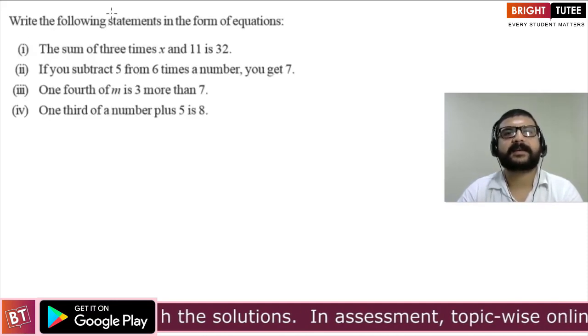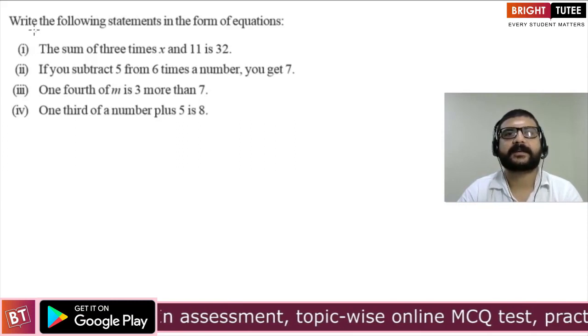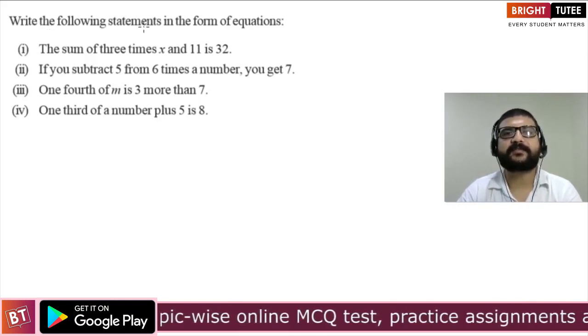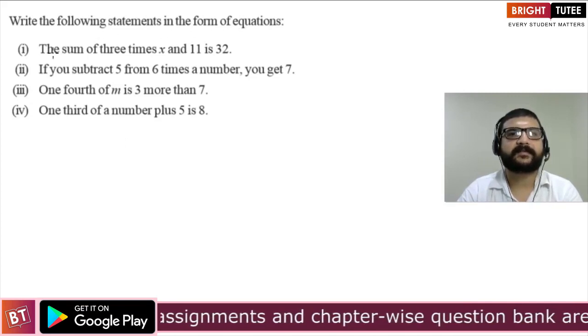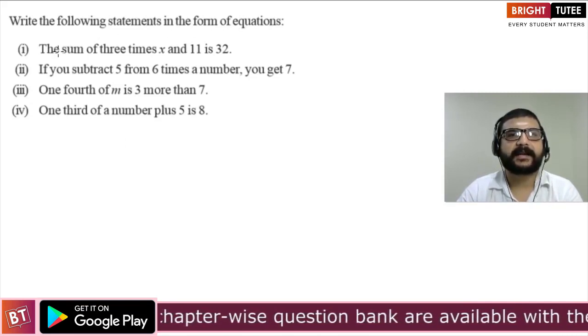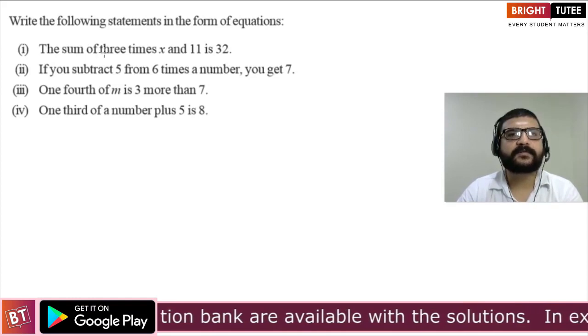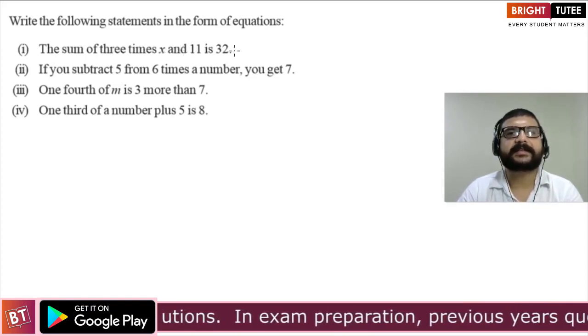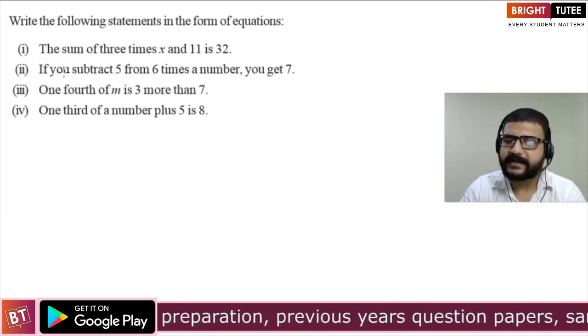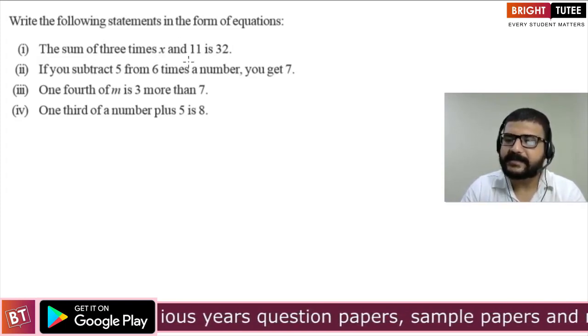For example, let's consider this question. The question here is, write the following statements in the form of equations. The first statement here is, the sum of 3 times x and 11 is 32. So what they are saying, the sum of 3 times x.